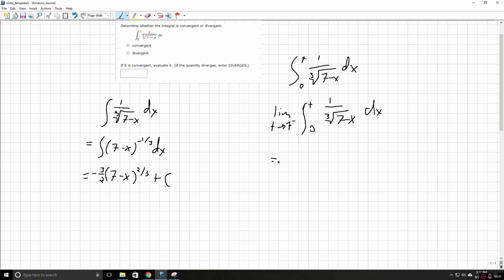It is equal to, get your limit, from t to 0.